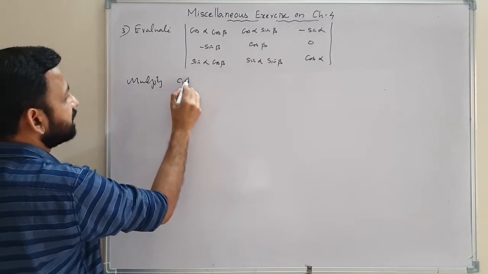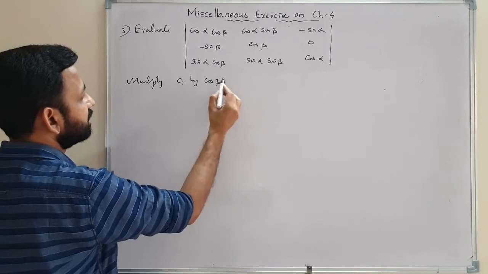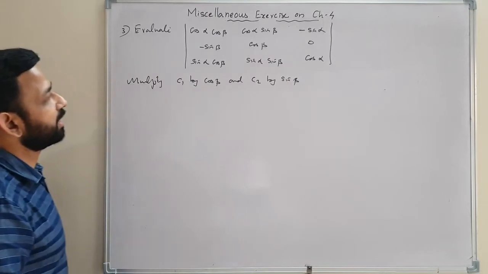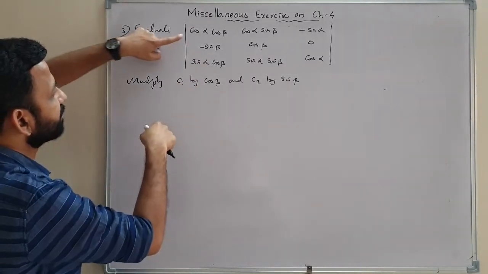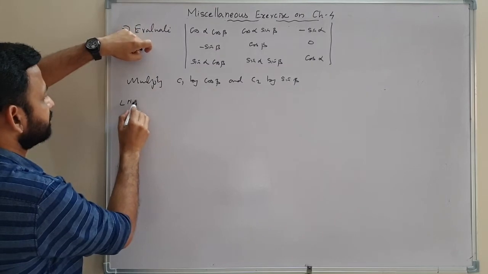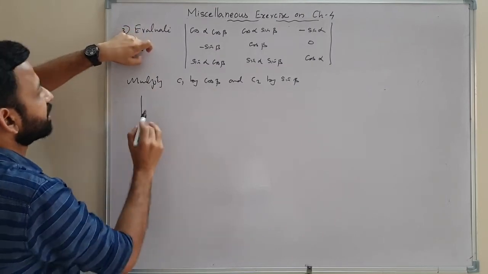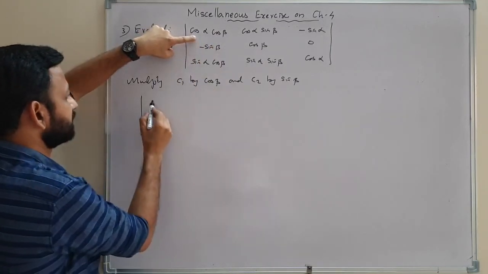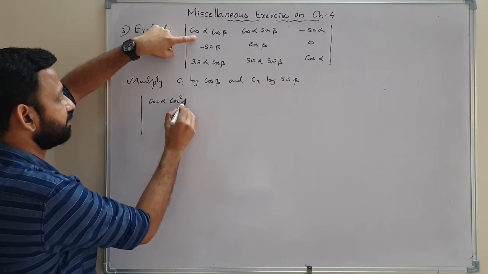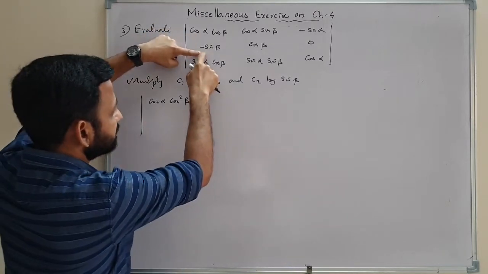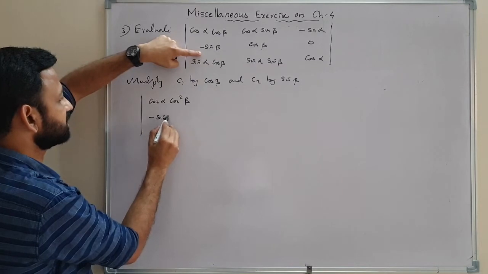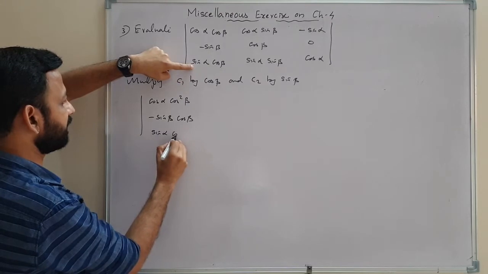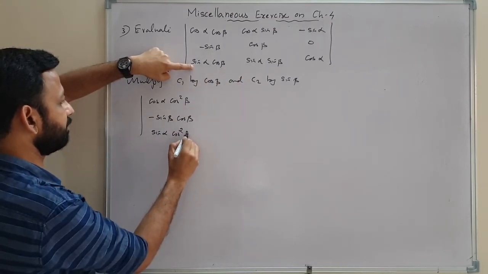Multiplying C1 by cos beta and C2 by sin beta. When we multiply C1 by cos beta, cos alpha cos beta into cos beta is cos alpha cos square beta. Minus sin beta into cos beta, then sin alpha cos beta into cos beta, that is sin alpha cos square beta.